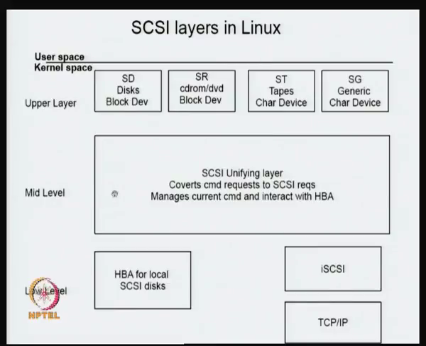Here is the mid level where all the commands are converted to Scsi requests. This is where I mentioned the Scsi requests, such as ready to transfer, and those kinds of commands are done here. This also manages the interaction with the host bus adapters. If you are thinking in terms of interconnect, for the low level it's basically through HBA. If you're using internet, for example, it will be iSCSI followed by TCP/IP. This is basically the interconnect part of it.